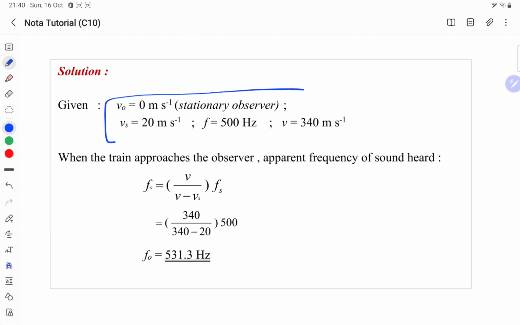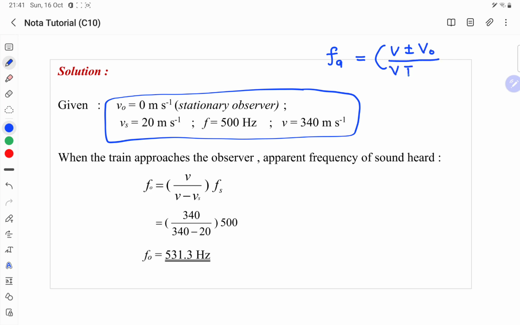So these are all the information from the question, and the formula for the Doppler effect is FA equals V plus minus V naught over V minus plus Vs, times the frequency of the source. For our case, the observer is stationary, so V naught equals 0. We can take out this one.